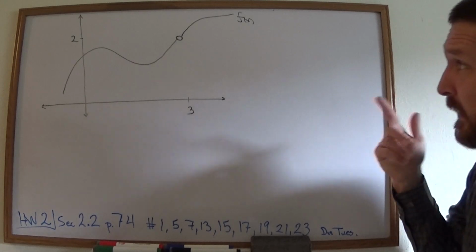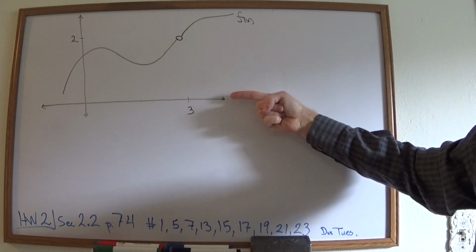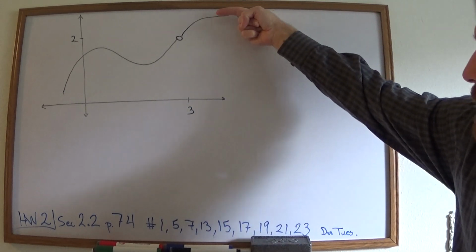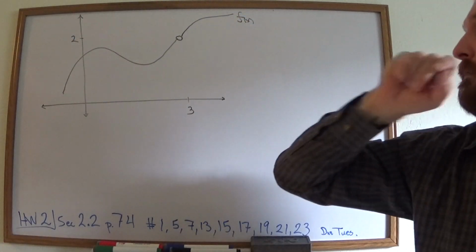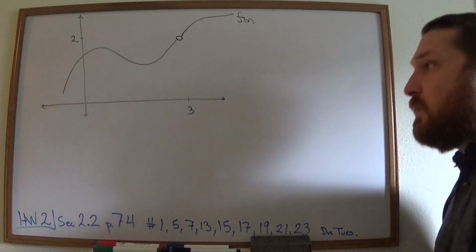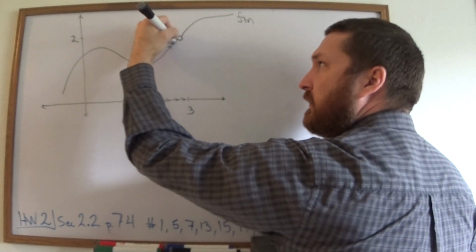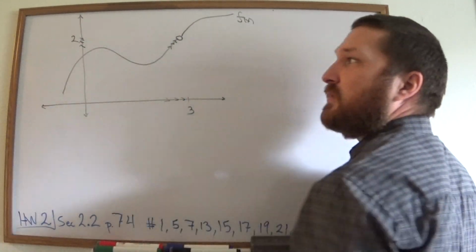Well, you could just see from the graph, and you'll be doing this too, as x gets closer to 3 from this side, the values here get closer to the number 2. As you approach 3 from this side, the output values also get closer to 2.